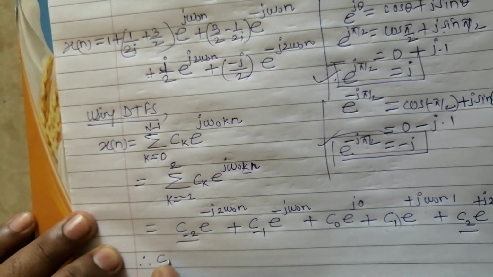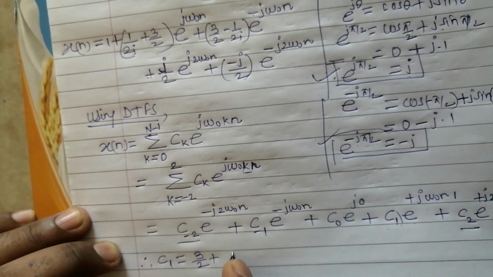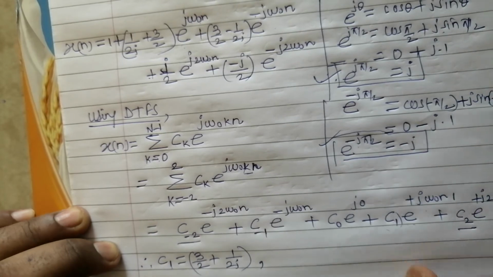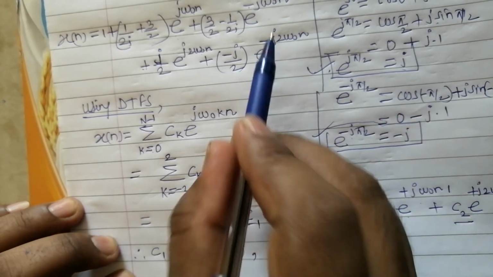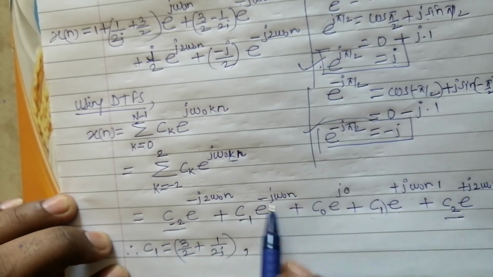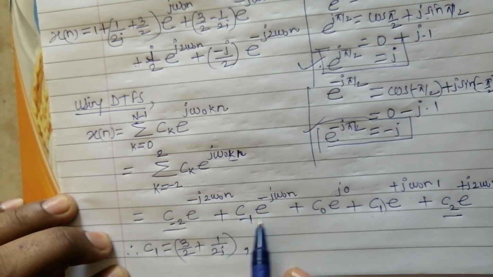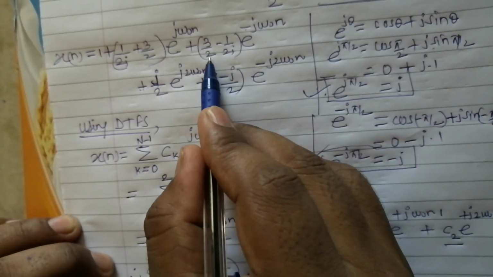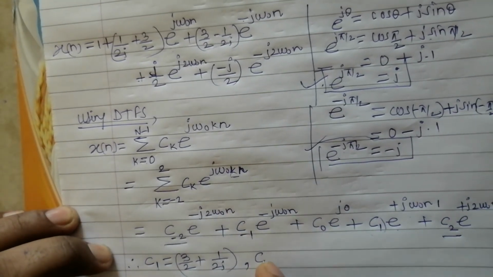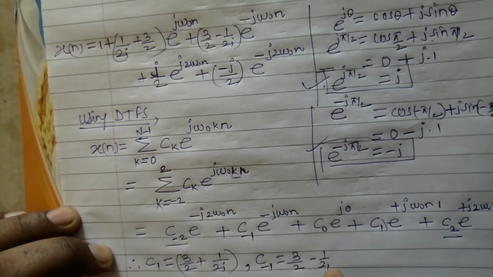Therefore c1 equals 3 by 2 plus 1 upon 2j. This is the first coefficient value c1. Likewise e raised to power minus j omega naught n, चेक करो यहाँ पे कहाँ पे है. ओके, ये यहाँ पे e raised to power minus j omega naught n. So this is c subscript minus 1, and that is nothing but 3 by 2 minus 1 by 2j.